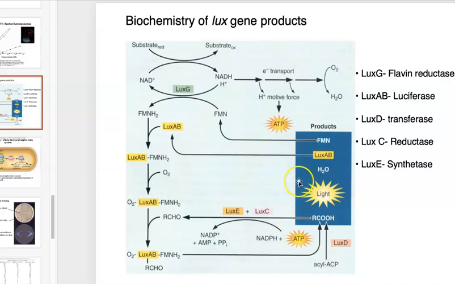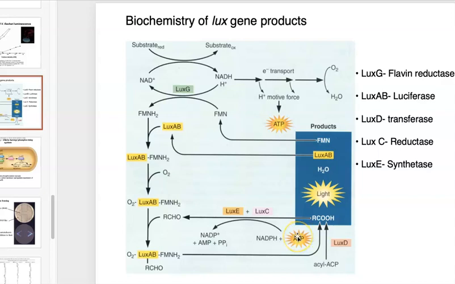And so in this particular case, the FMN has to be reduced again. The enzyme has to be recycled. The fatty acid here has to be converted back to an aldehyde using LuxE, C, and D. And so these guys are the aldehyde synthase. And in that process, that takes energy.